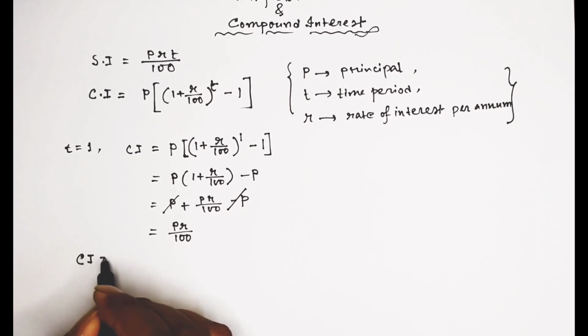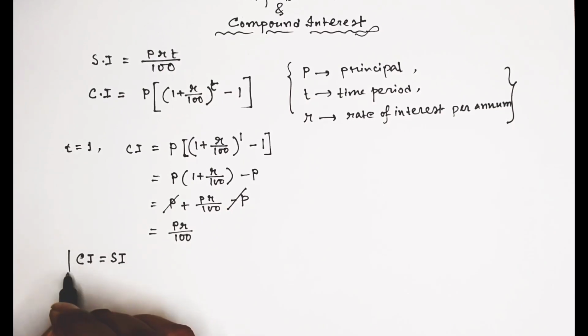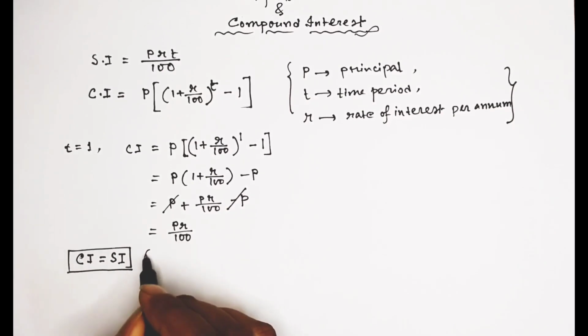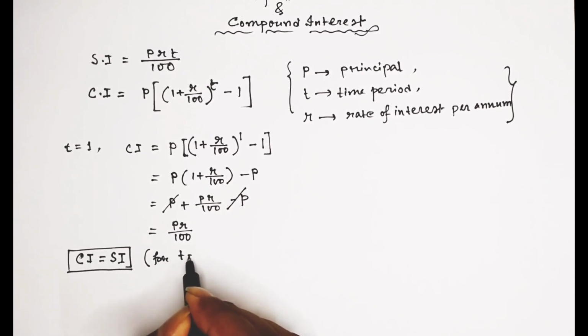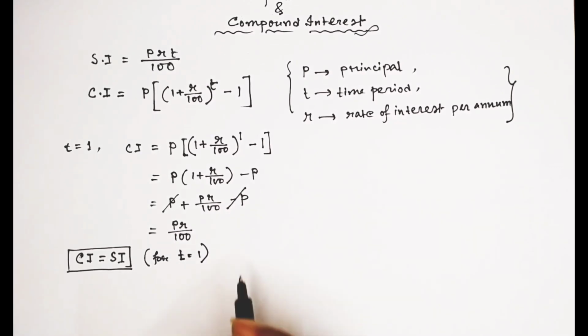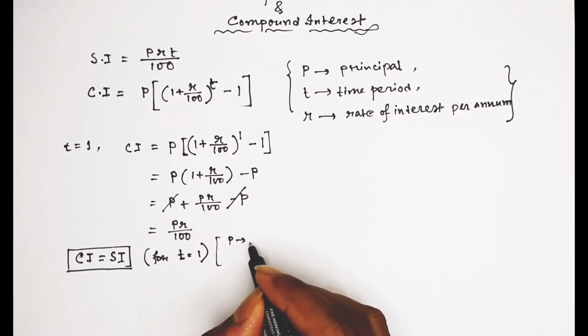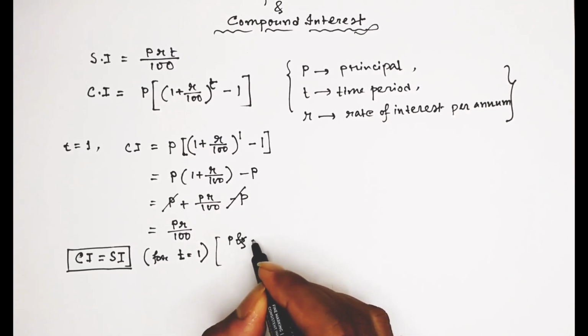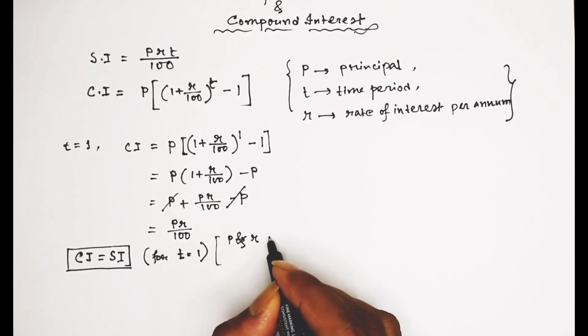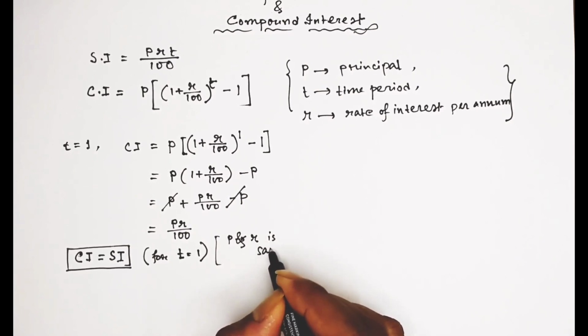CI is equal to SI for T equals 1 as principal and rate of interest are the same.